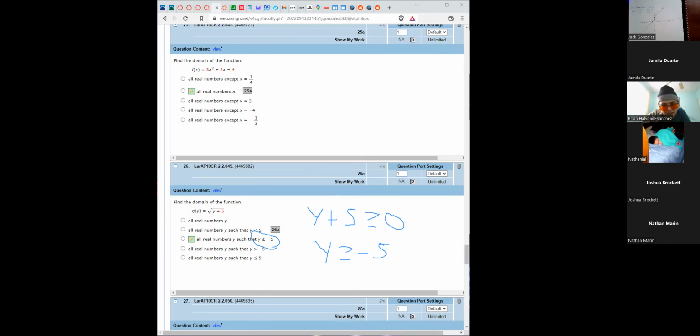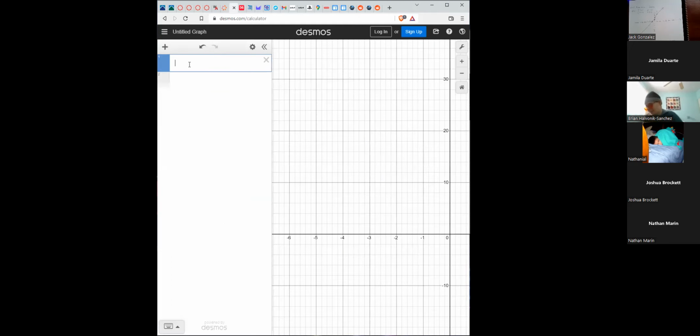You can also graph it and just look at it. Let's think, is it 5 minus 5? Yeah. I'm gonna use X just cause, who cares?